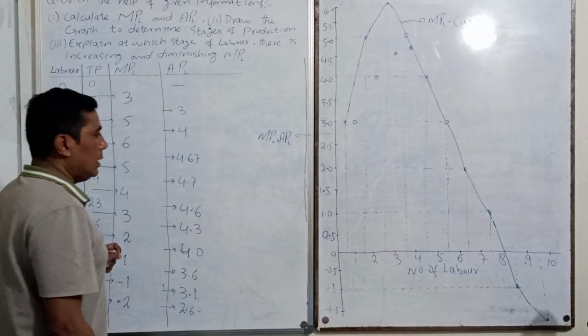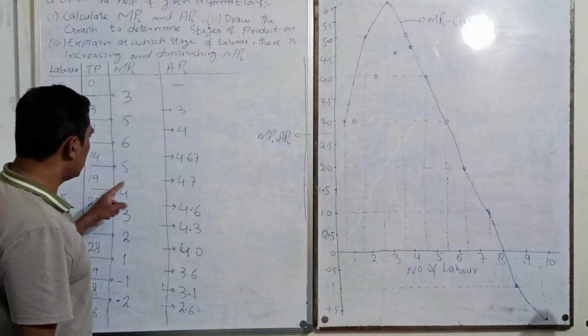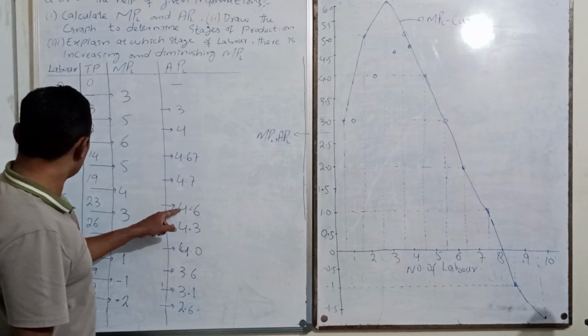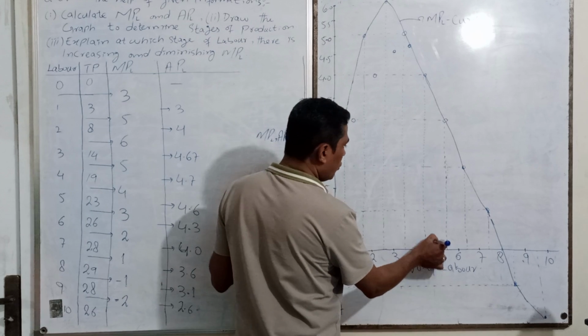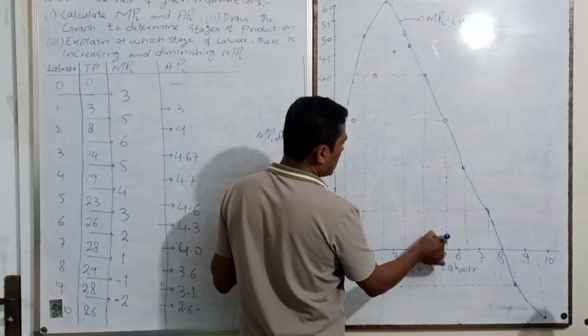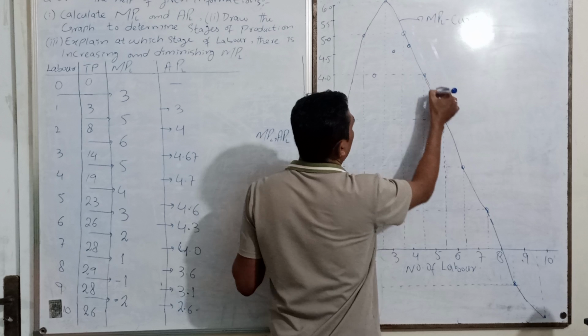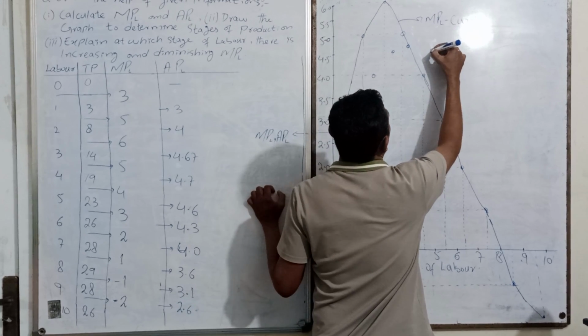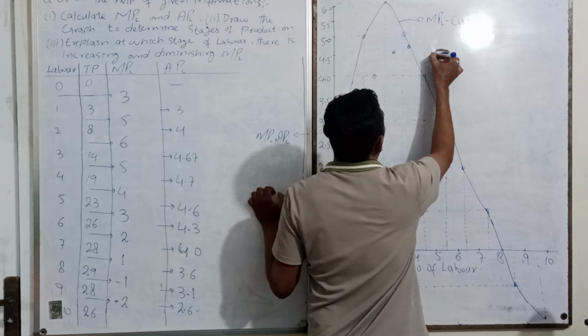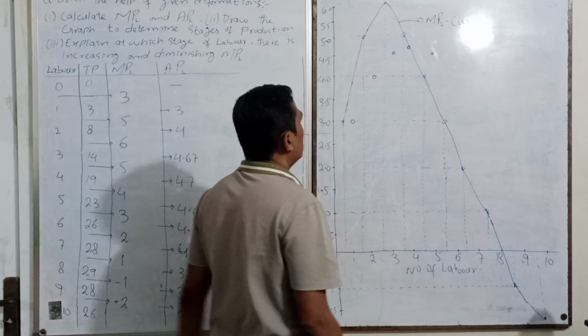Clear? And similarly at 5, again this is 4.6. So this one is 5, it goes up, and again this is 4.6. Clear?